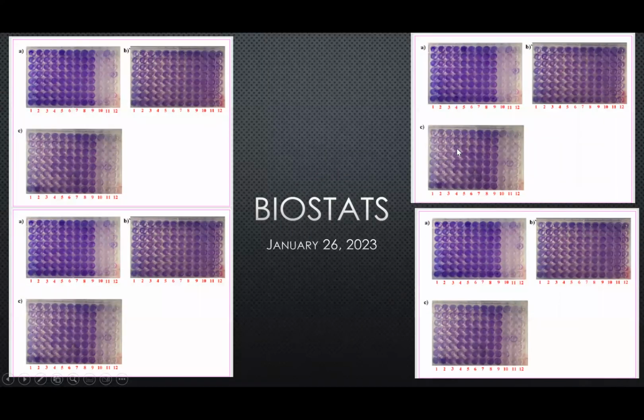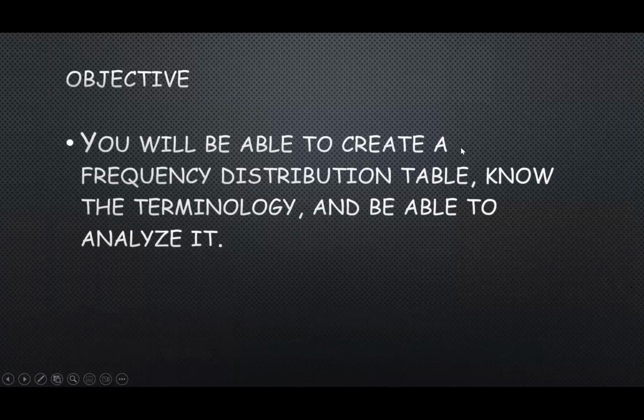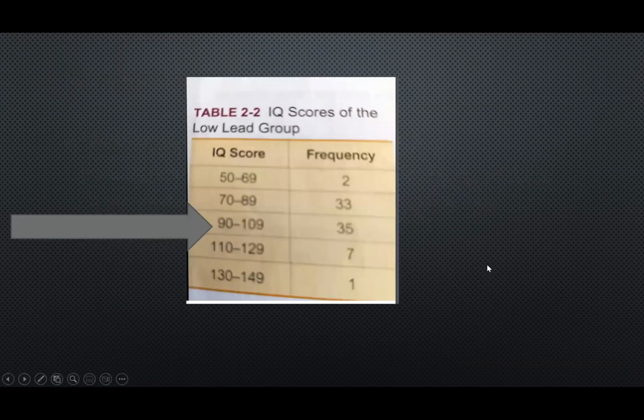All right, so today is January 26th, and the learning objective for today is by the end of this class, you will be able to create a frequency distribution table, know the terminology that goes along with it, and be able to analyze it. All right, so this is a frequency distribution table. We see on the left side, we have a column of data, and on the right side, we have how many times any occurrence in that data range happens.